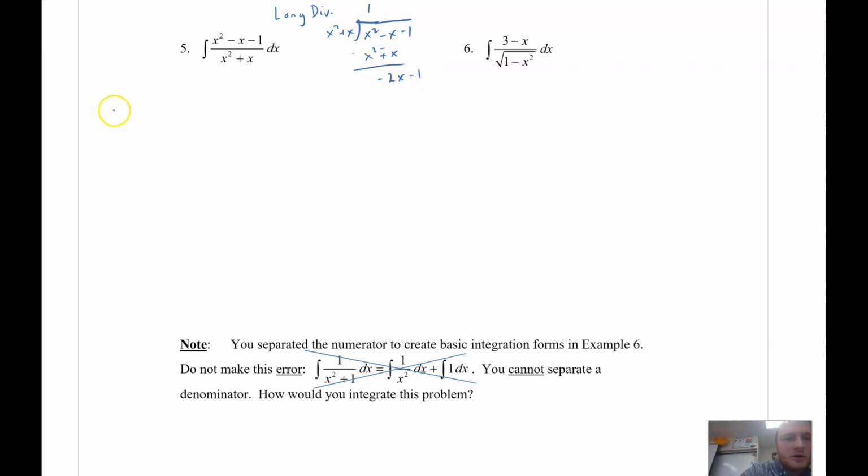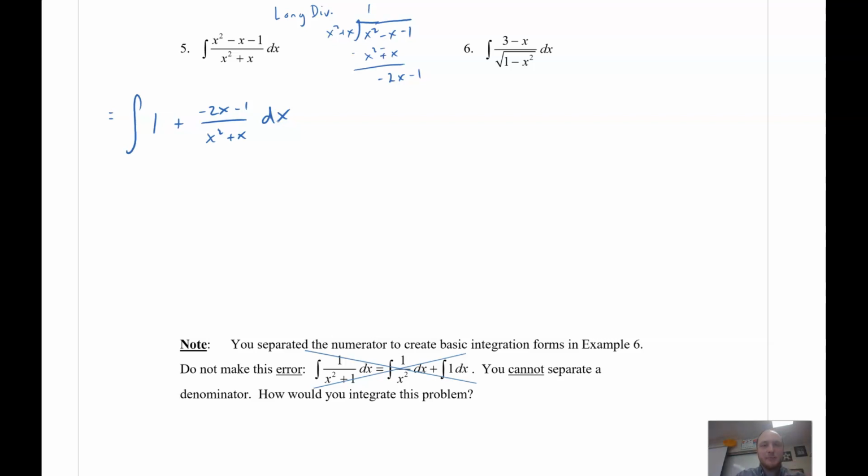So here's our integral: the integral of 1 plus negative 2x minus 1 over x squared plus x dx. I know the first one's very, very easy.